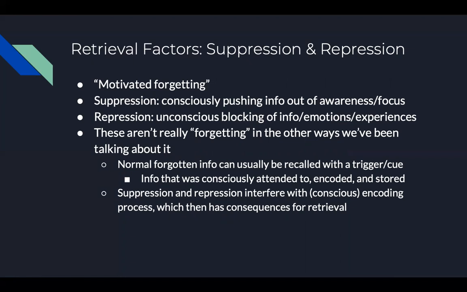So rather than inadvertently forgetting information, either because it's been interfered with, or it's currently just on the tip of our tongue and we're consciously and actively trying to recall it, in the cases of suppression and repression, there's motivation for us actually to forget. We're actually wanting to try to forget.